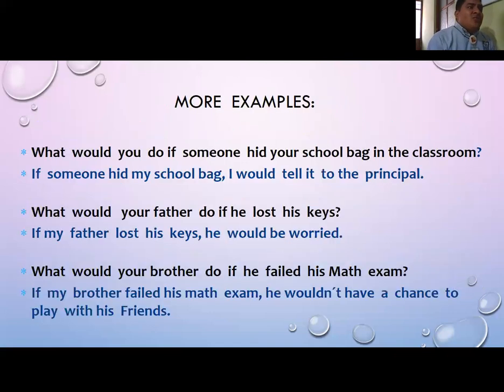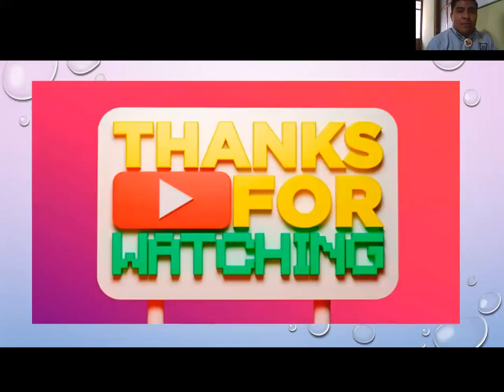This is going to be your task in the platform. You will solve some exercises focused on creating questions, and after that you will give a possible answer for each question. This is going to be your task in the platform.